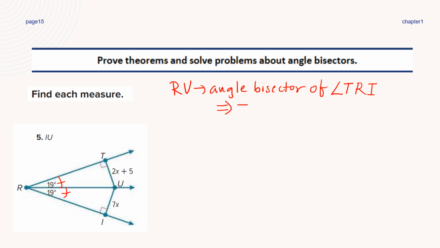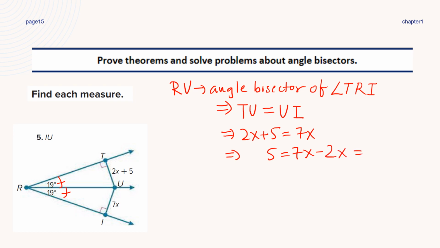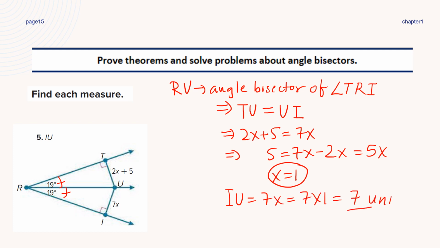That means TU is equal to UI, which gives you 2x plus 5 is equal to 7x. These values are given, so you can calculate x very clearly. So 5 is equal to 7x minus 2x. This is 5x, so x is equal to 1. Now you need IU. IU is 7x. This is 7 times 1 equal to 7 units.